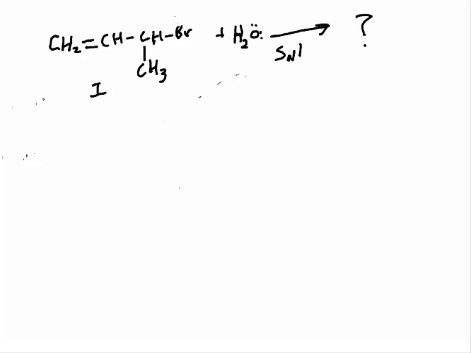Bromine gets replaced by nucleophilic OH from water. That gives an alcohol product. But how do you get two alcohol products from this? And as I show you this, I'm actually going to show you more of a general strategy about what to do when in the future you encounter an allylic substrate.